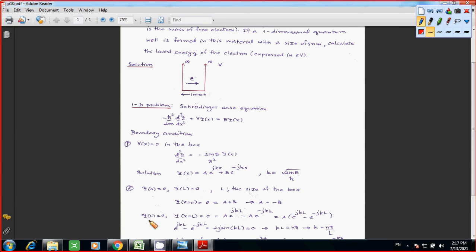And also for psi of L equal to 0, this term equals 0, where e to the power jkL minus e to the negative jkL equals 2j sin kL. That's equal to 0, which means sin kL has to be 0. So your kL needs to be n pi, and k is equal to n pi over L, because sin of n pi equals 0.